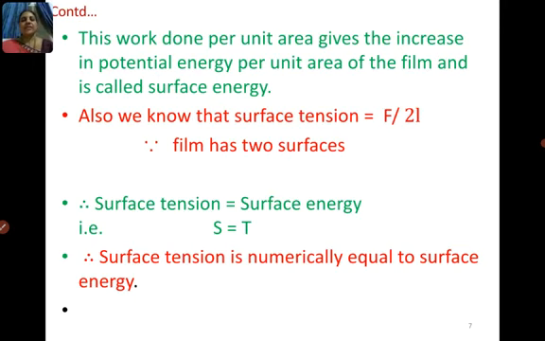And also we know that surface tension is equal to F by 2L, because it is defined as force per unit length, but here the film has two surfaces. Therefore, we have surface tension is equal to surface energy, or S is equal to T. Surface tension is numerically equal to surface energy.